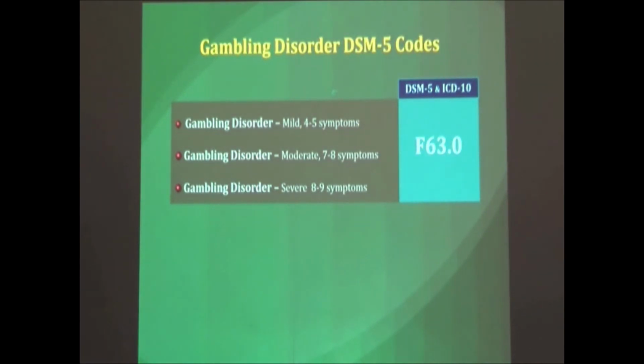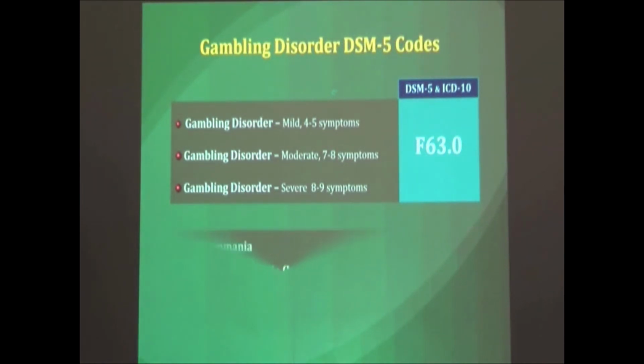Now, for those of you that are familiar with the substance use disorder codes, the 4th character designates the severity level, 1 or 2. And then there's other numbers afterwards for co-occurring or substance-induced mental health disorders. But with gambling disorders, there's just the 1 code. And then you are going to specify in your documentation the symptom count, whether it's mild, moderate, or severe, but it's just F63.0.